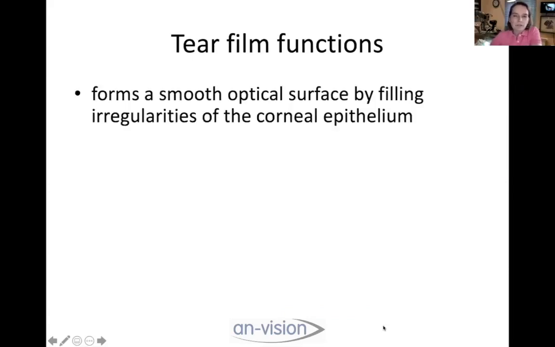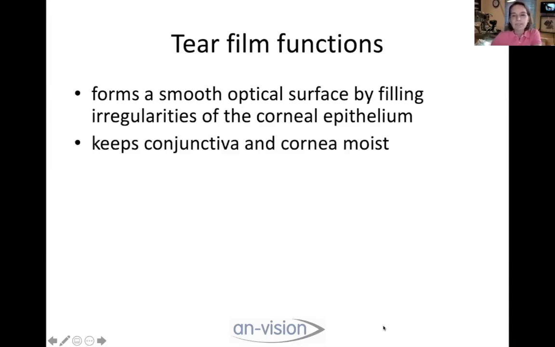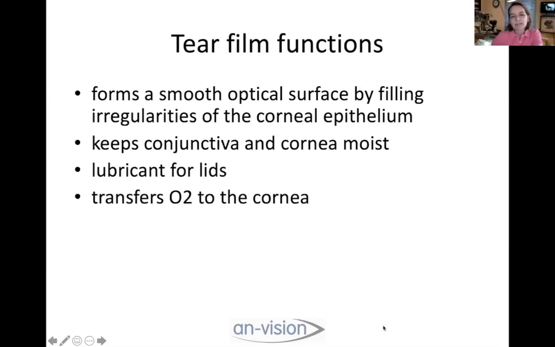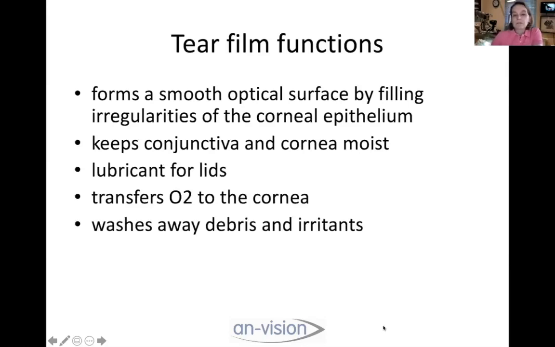So we agree that the tear film forms a smooth optical surface just by filling irregularities on the corneal epithelium. It keeps everything moist, the cornea, the conjunctiva, the lid margins. It serves as a lubricant, and it transfers O2 to the cornea. So it's a really important structure.